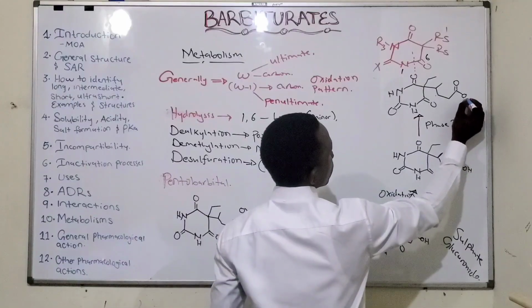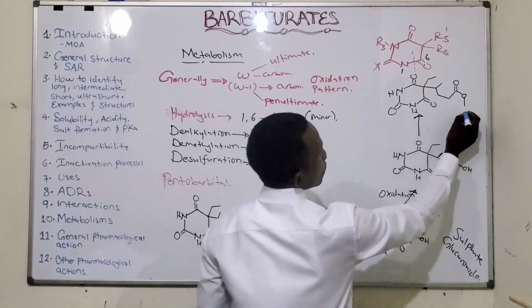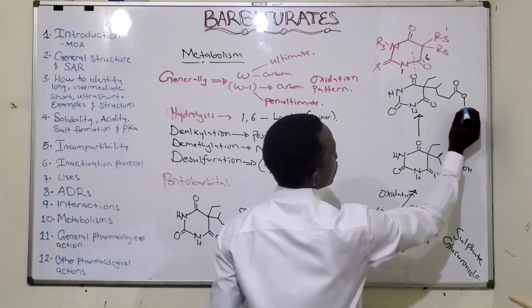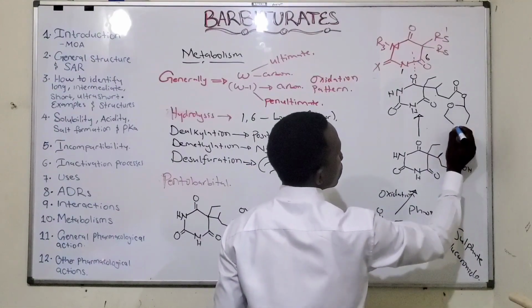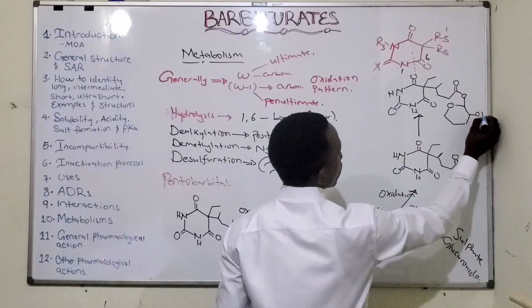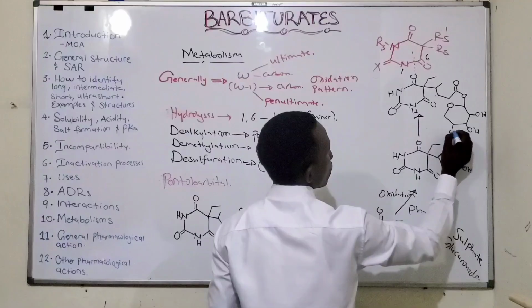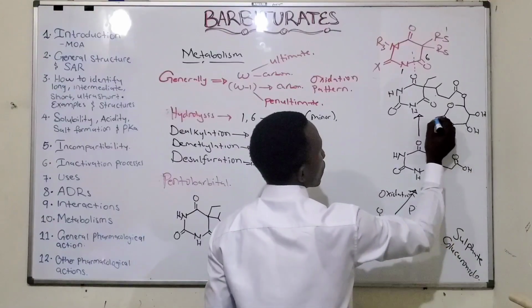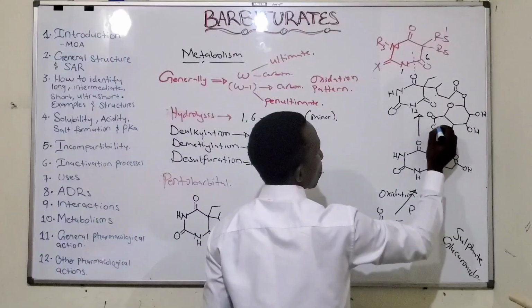Here, we form glucuronide. It's conjugated here. Here there is OH, also here OH, and a carboxylic acid here.